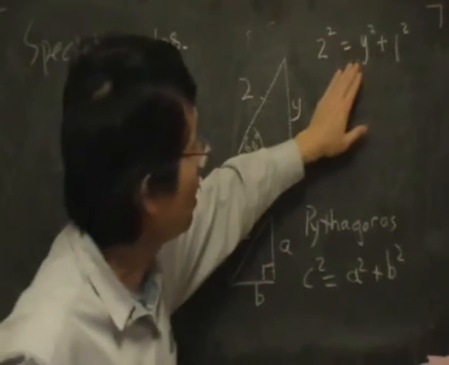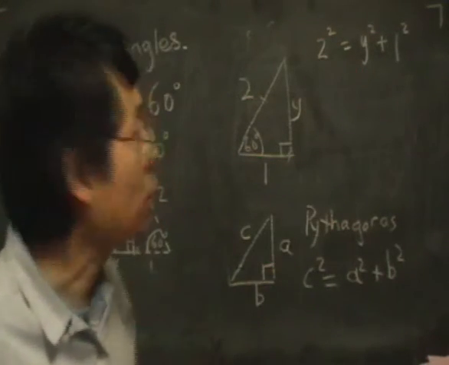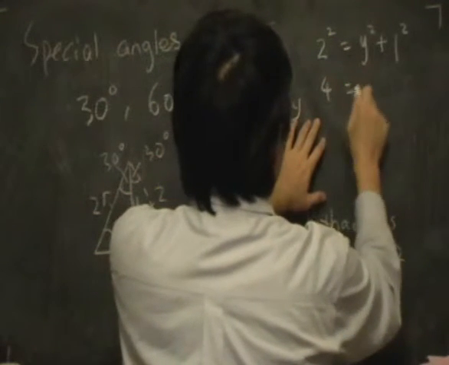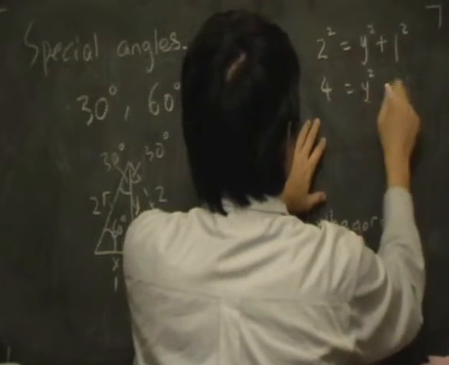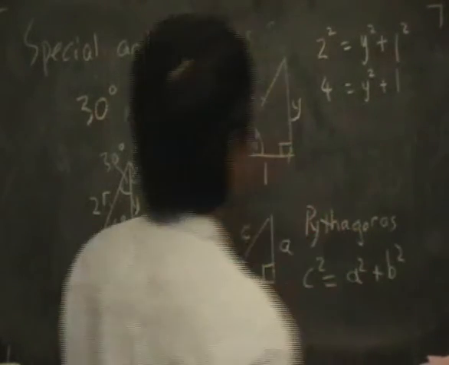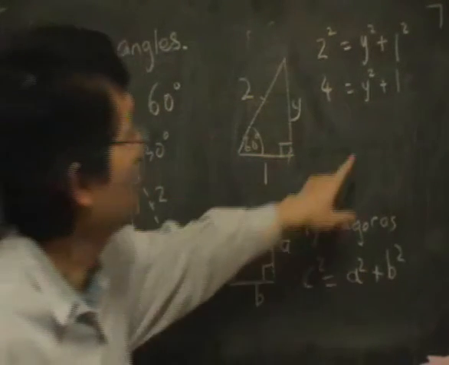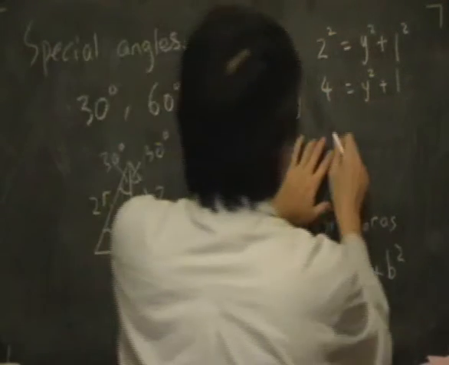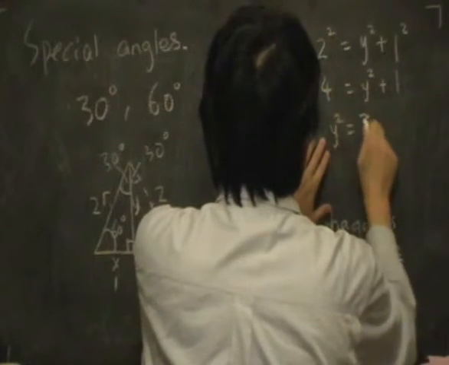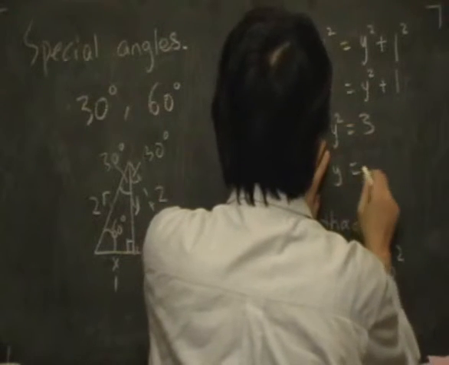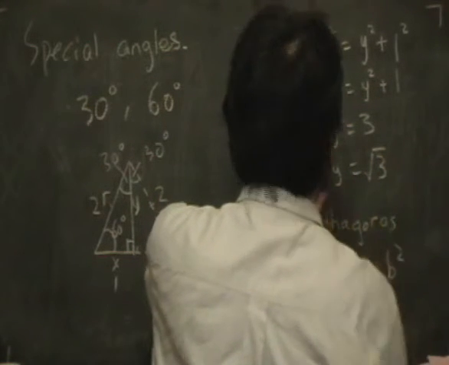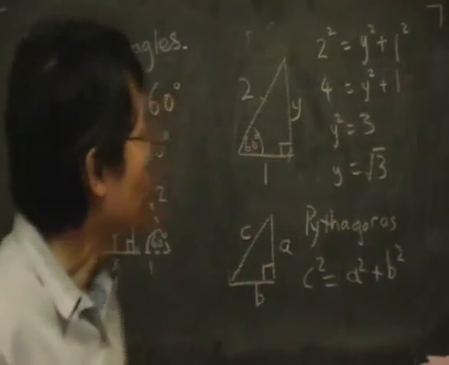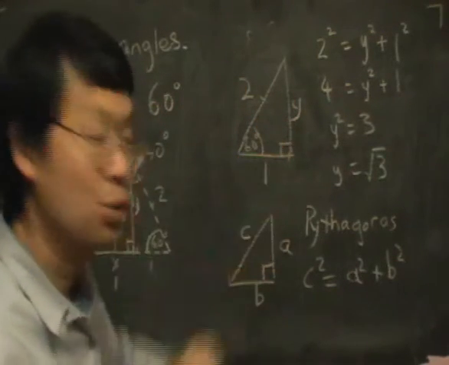Now you see that we have an equation now. We can solve for the y squared. So 2 squared is 4, y squared is y squared, 1 squared is 1. So clearly y squared should be 3, so that 3 plus 1 is 4. Alright, y squared is 3, and therefore y must be square root of 3. We have all the sides now. We have all the sides of this right-angled triangle.